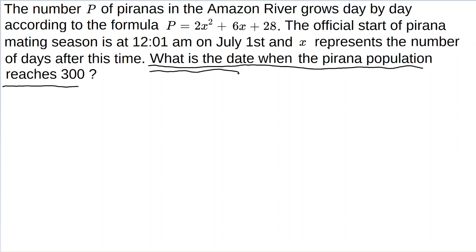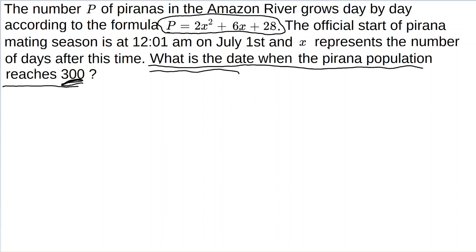So what are we going to solve in order to find x? Well, we're going to solve a quadratic equation. What quadratic equation? We'll use the other given information, which is 300. We're going to assume that the piranha population reaches 300 exactly, and we're going to plug that into our model.